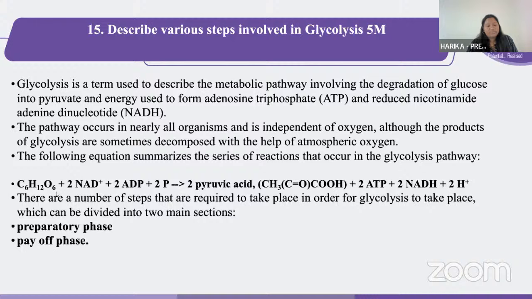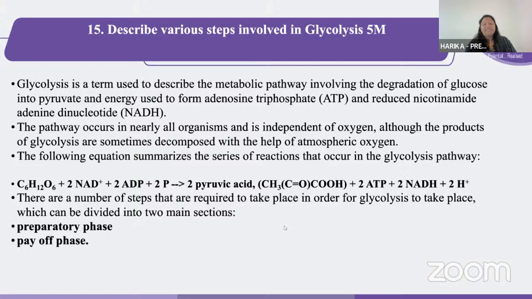C6H12O6, which is our glucose, on addition of 2 NAD plus and 2 ADP with 2 molecules of phosphate gives rise to 2 molecules of pyruvic acid with an addition of 2 ATP and 2 NADH and 2 molecules of hydrogen.